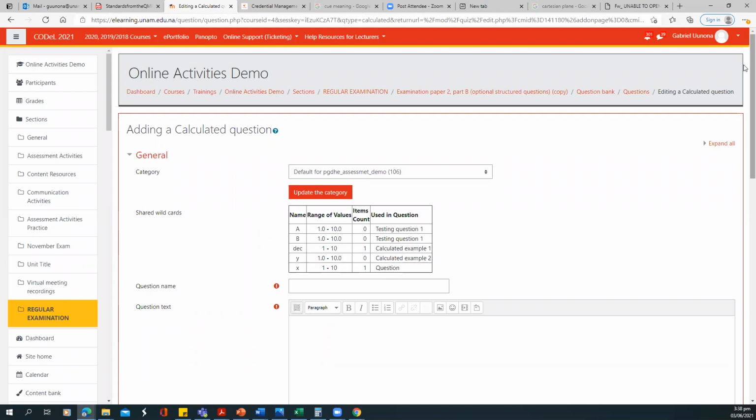For student 1, it will say 10 meters and 5 grams. For student B, it will say 15 meters, 12 grams.